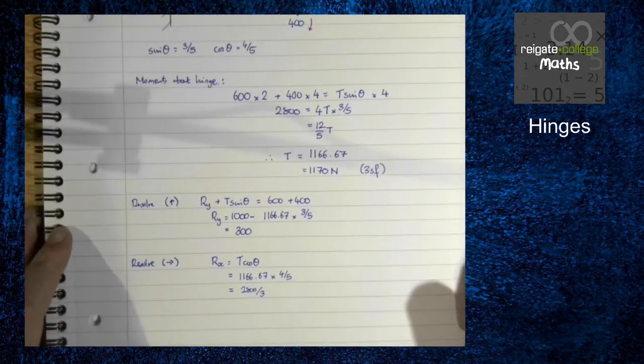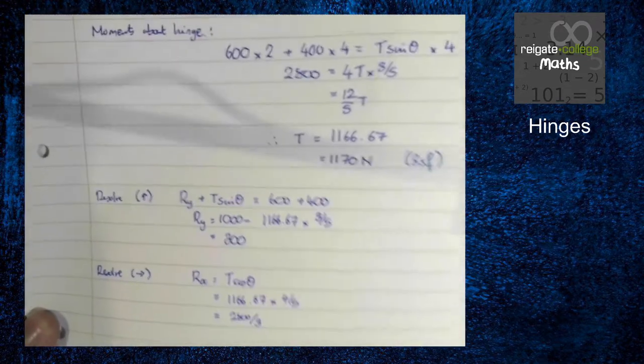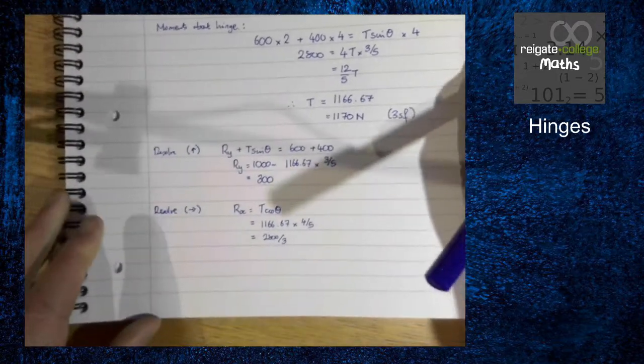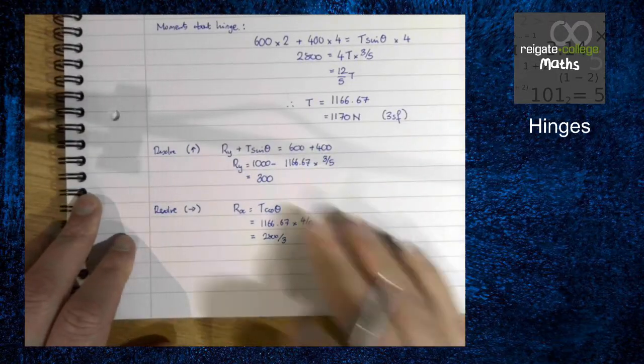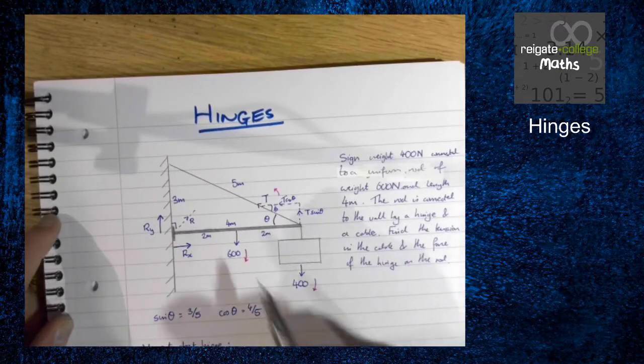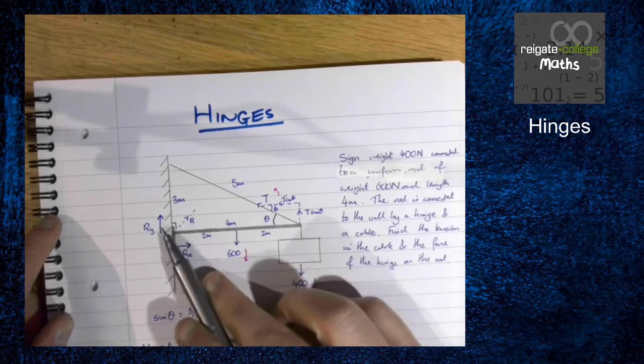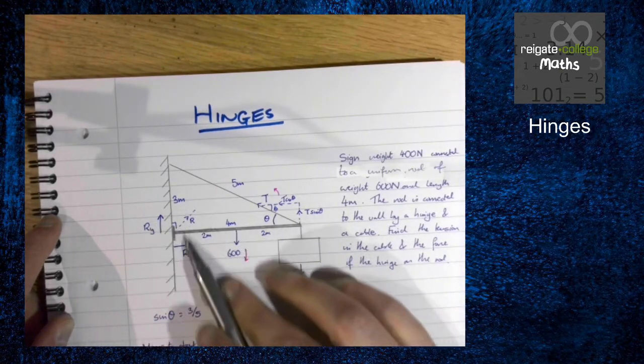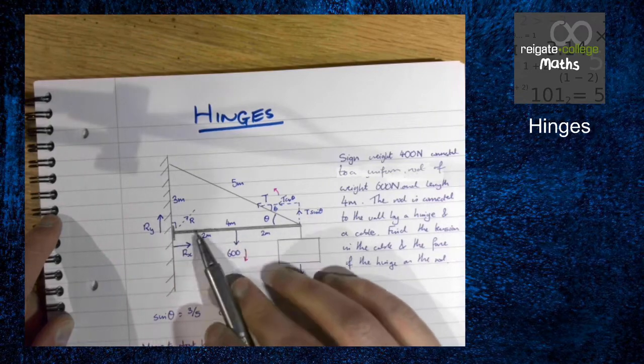So the last thing we need to do is find the resultant force, the force of the hinge on the rod, which, going back to our diagram, is this one here. It's just resolving this triangle and doing Pythagoras with the two components that we found.